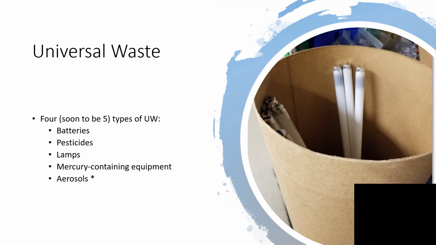This can include batteries, pesticides, lamps, mercury-containing equipment, and aerosols. The asterisk next to aerosols is because that is the waste that is under review to be moved from hazardous waste to a universal waste.